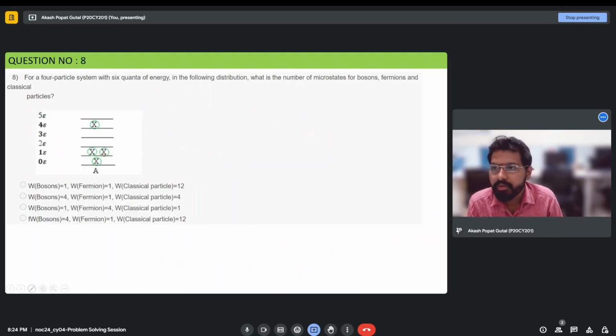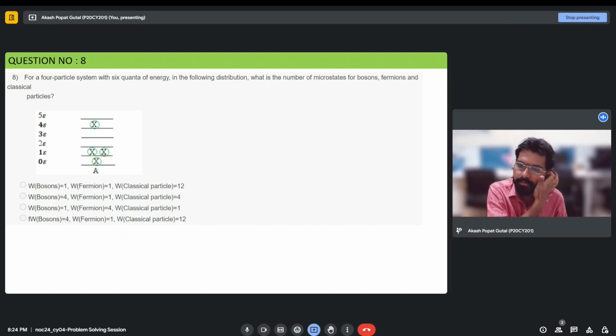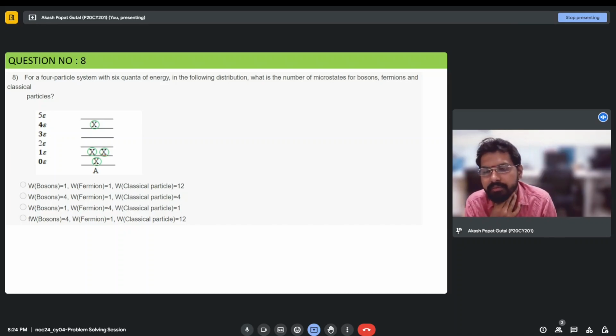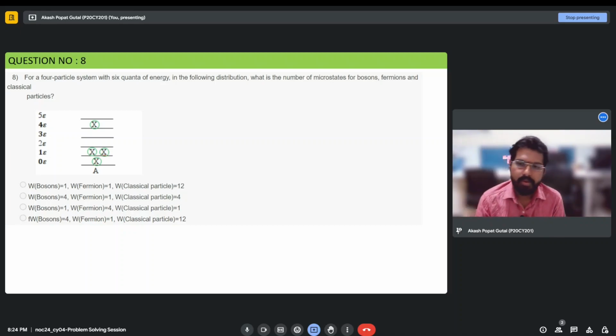Next question: for a four particle system with six quanta of energy in the following distribution, what is the number of microstates for bosons, fermions, and classical particles? Please try to find out the answer. Take 2-3 minutes to solve.